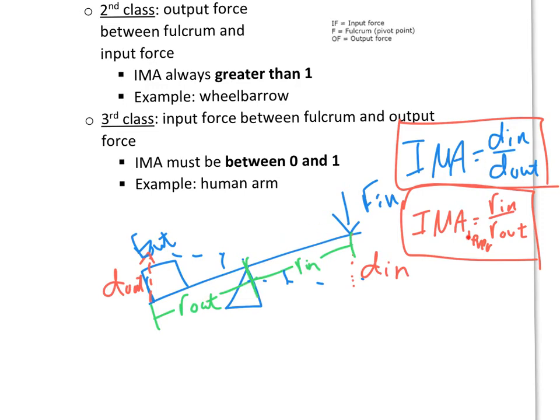Because of similar triangles, we can use this. One more word of caution: whenever you're solving for work, work equals force times distance. So you cannot use R in and R out as distance. Distance would have to still be D in and D out.